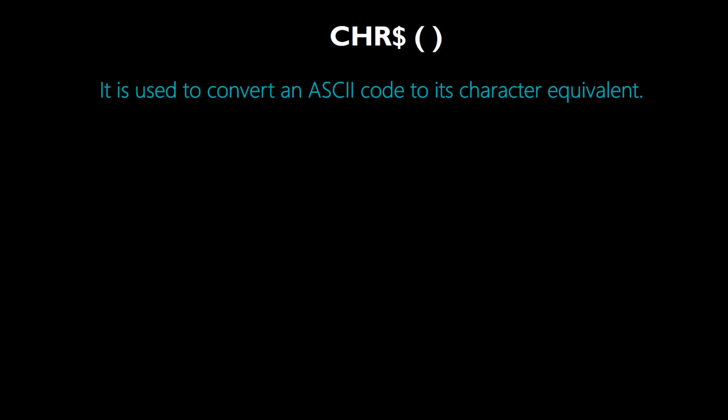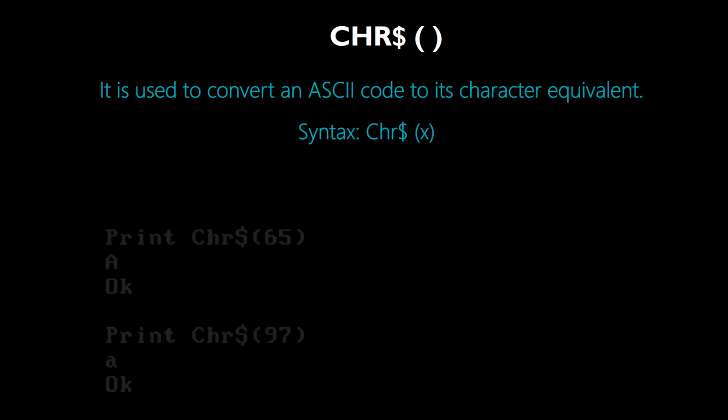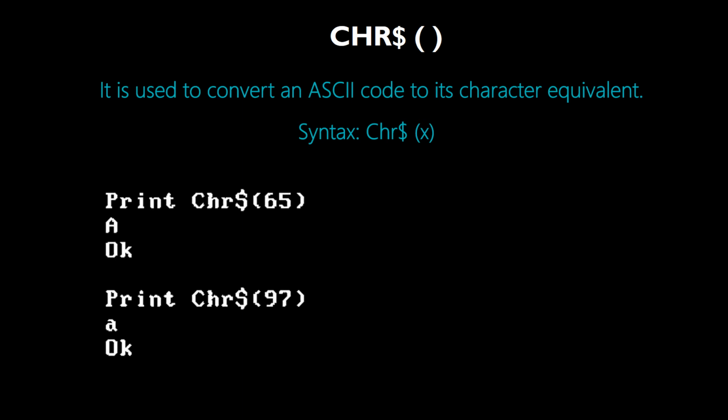The next function is CHR$. It is used to convert an ASCII code to its character equivalent. Syntax is CHR$(x). If I say PRINT CHR$(65), it will return me A, capital A, because the ASCII code of capital A is 65.